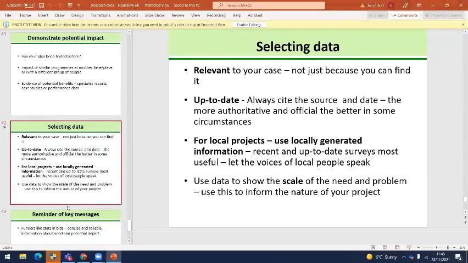So ideally you want things to be up to date, but the reality is that some data is only produced every few years. So you can only use the most up to date figures you can find. If the latest figure is 2 years old, then that's the one you can use.